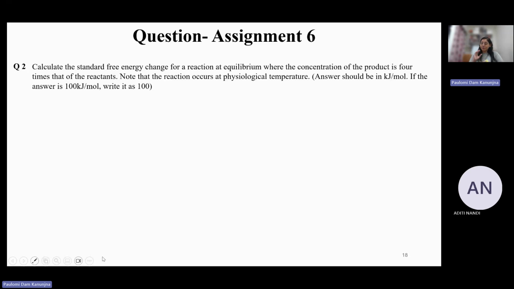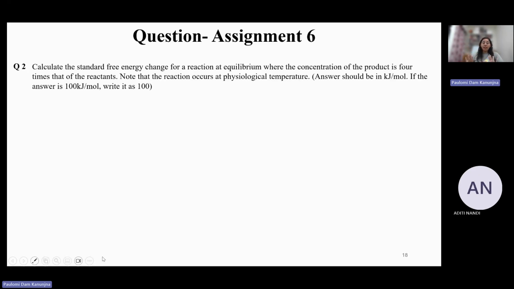Just to give you a hint, in one of the formulas we had only the reduction potential. In another formula, instead of the reduction potential, you also have the relative concentration of reactants and products.